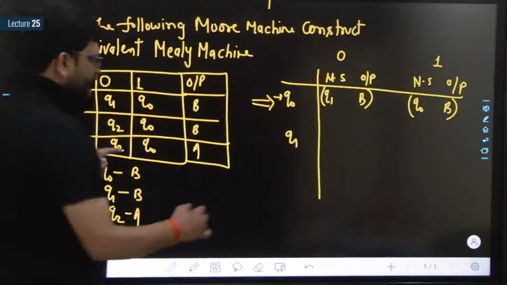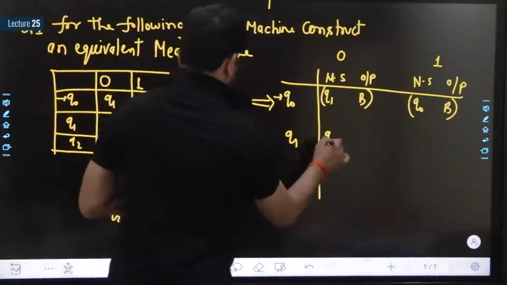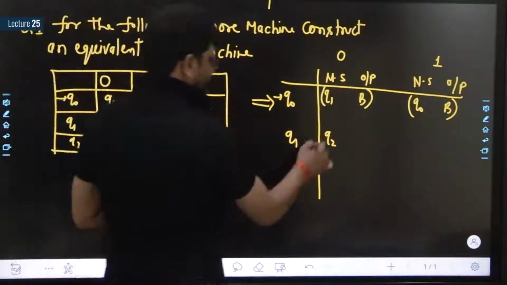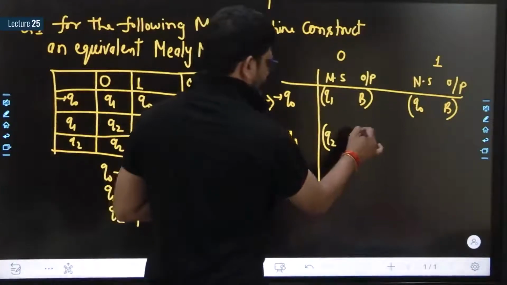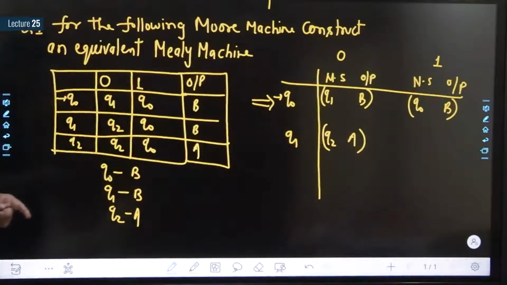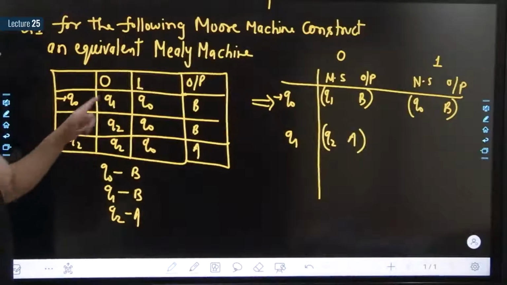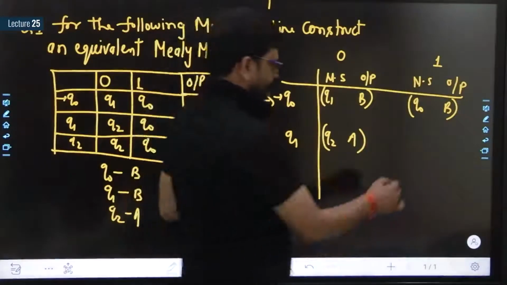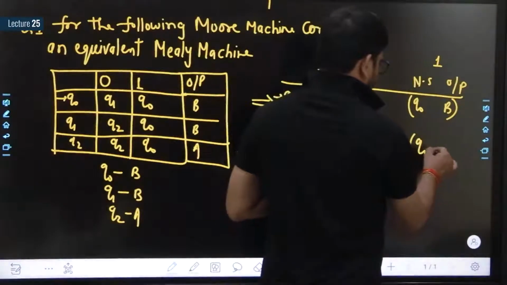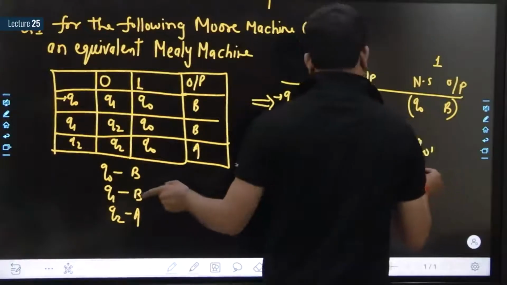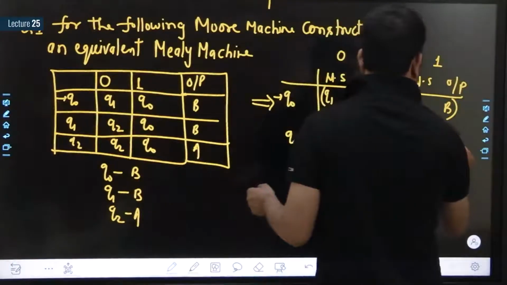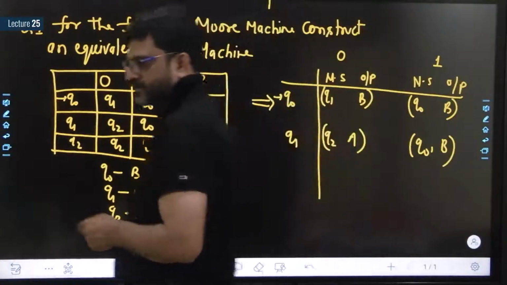Q1 on 0, Q2. What is the output associated with Q2? A. Clear? Q1 on 1, Q0. What is the output associated with Q0? B. Clear?